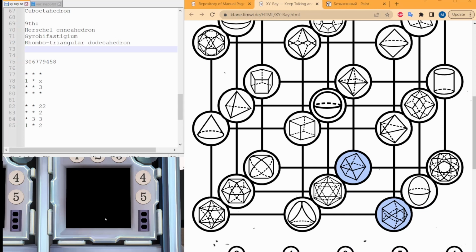Let's count the number of vertices. Okay, it started with 2 again. One, 2, 3, 4, 5, 6, 7, and finally 8. Let's do that again.